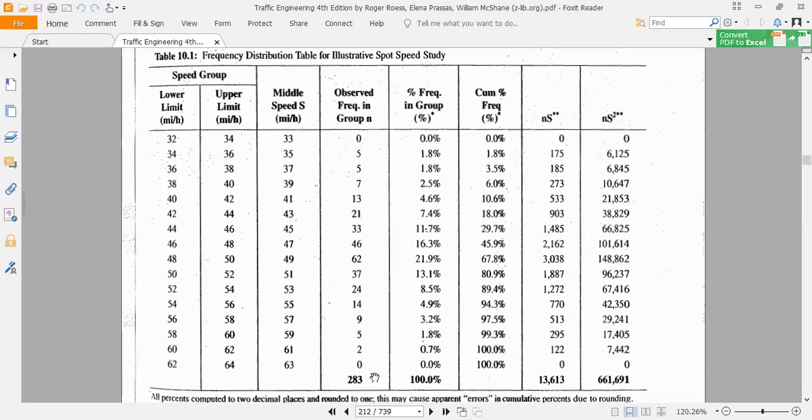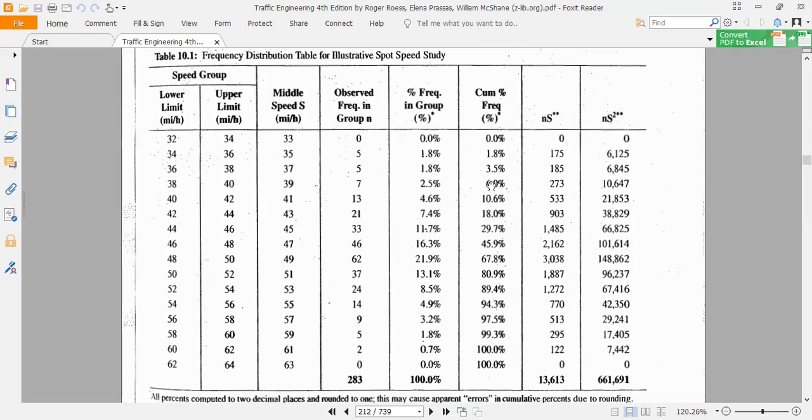So 0 divided by 283 is 0%. Then 5 divided by 283 is 1.8%. This is the cumulative frequency column, in which 0 is equal to 0. Then 1.8 is equal to 1.8 plus 0. 3.5 came from adding 1.8 plus 1.8. Then the next 6% came from adding 2.5 to 3.5.